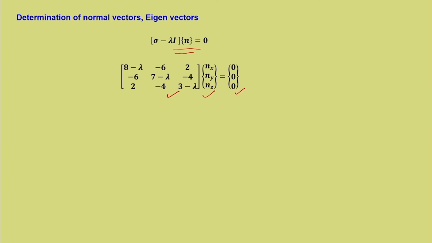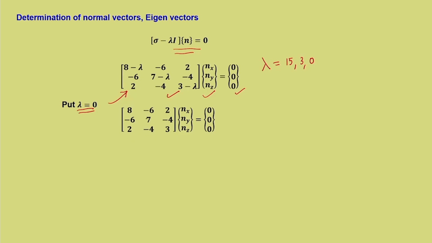We have the eigenvalues lambda, which are 15, 3 and 0. First, let us put lambda equal to 0 in this equation, and you will get a system of equations where 8 nx minus 6 ny plus 2 nz equal to 0. Similarly, there are 3 other equations.